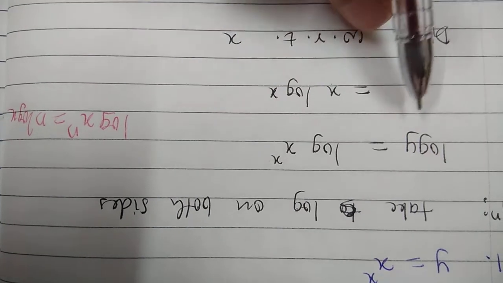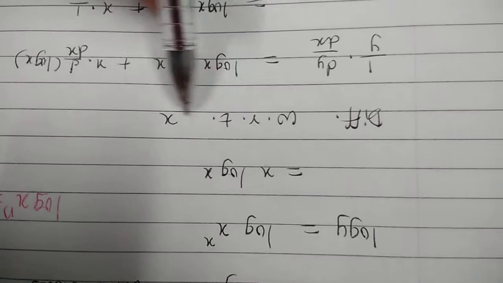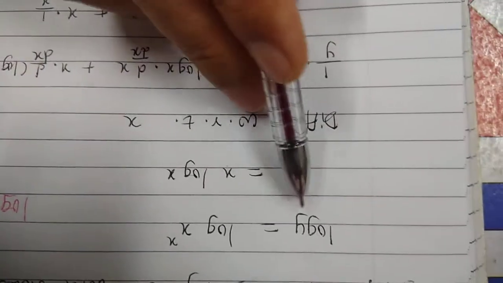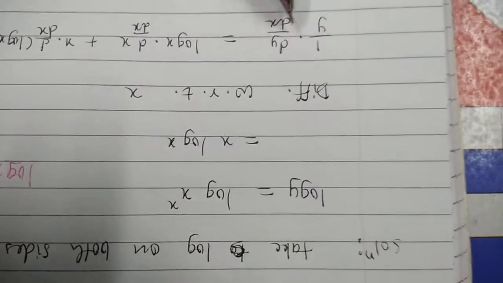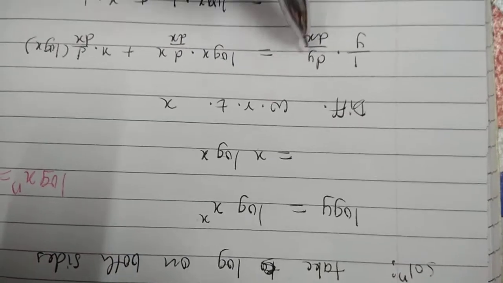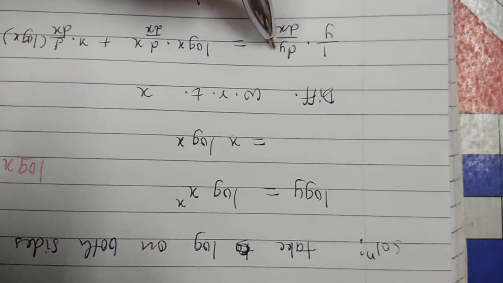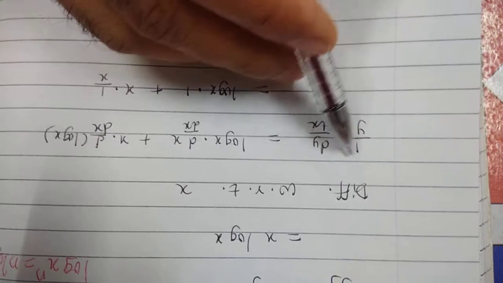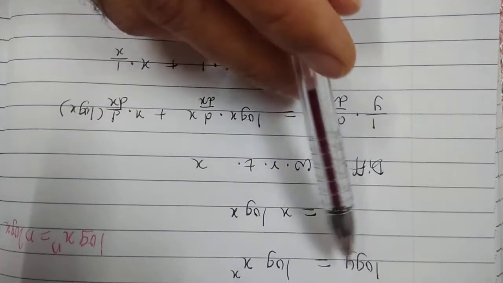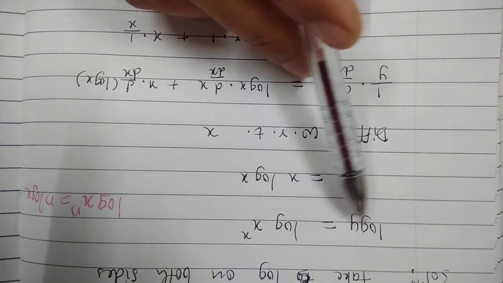Now we will find the derivative of both sides, differentiating with respect to x. The derivative of log y will be 1 upon y multiplied by dy by dx. Up till now we have seen many problems like that, why we write dy by dx separately and we don't write only 1 upon y for the derivative of log y, because this is not a simple function, this is a composite function.